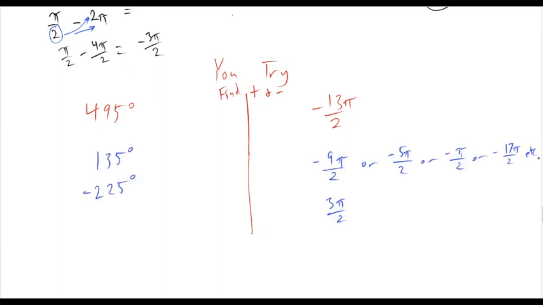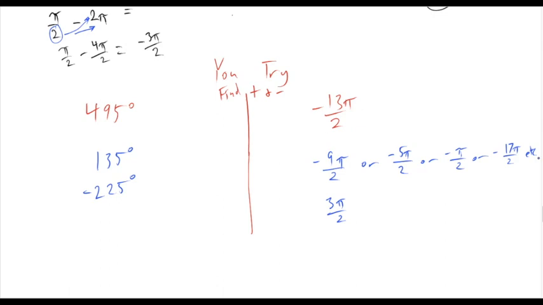On the first one, the 2 that I got were 135 degrees and negative 225 degrees. So those are both acceptable. You could have added 360 to that 495 and gotten a different answer. You could have kept adding 360 degrees and gotten some ridiculous number.